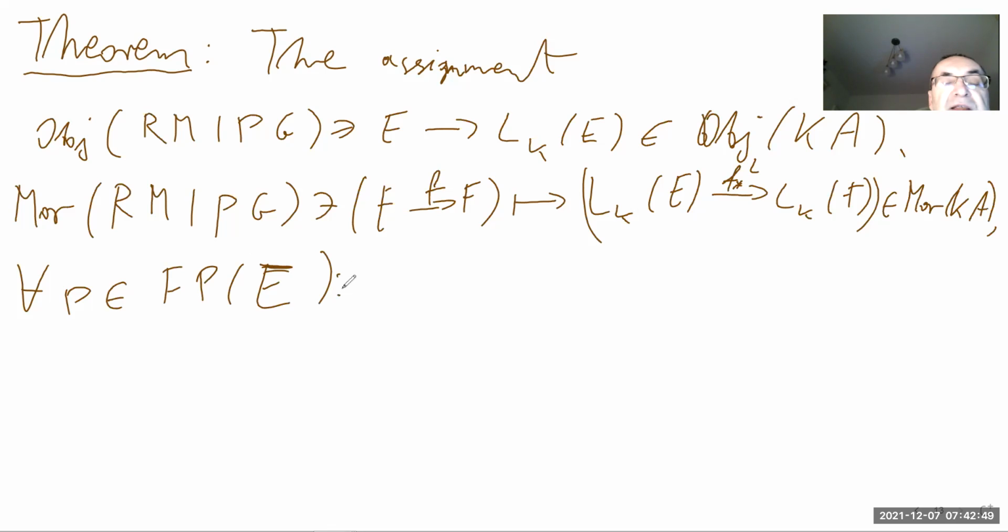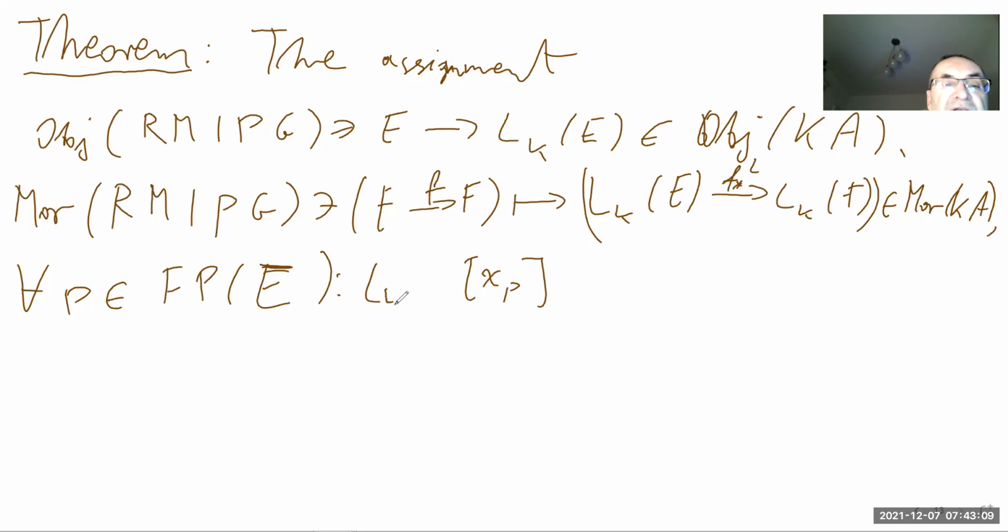I know that an element in my Leavitt path algebra is a finite linear combination of chi p's, where p is a finite path in the extended graph. Take its class to push it down to the Leavitt path algebra.